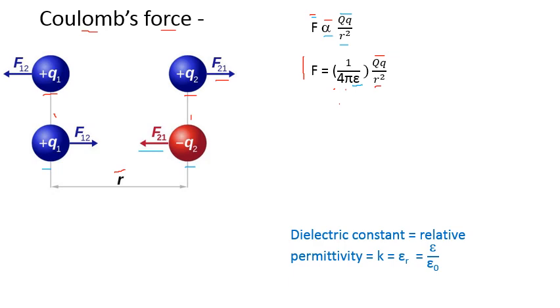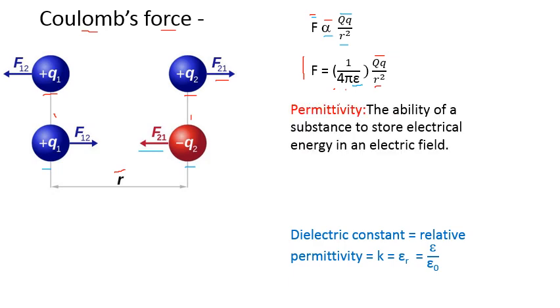This epsilon is nothing but the permittivity of that particular medium. Now we must know what this permittivity is. To allow, to permit, or we can say it is the ability of that particular substance to store electrical energy in the electric field. Means this F depends upon these two charges, no doubt.